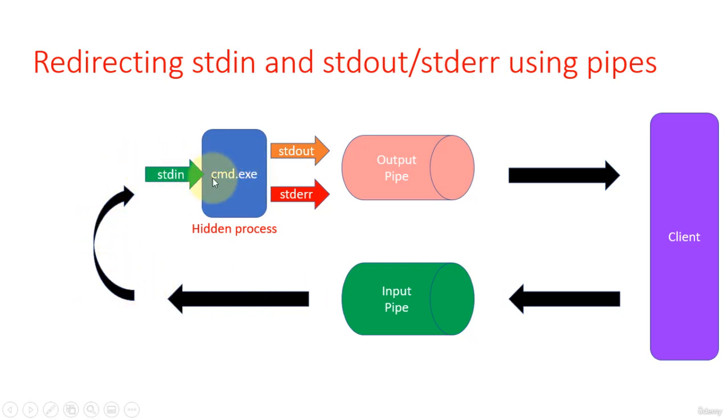Similarly, whatever commands have been executed and the result of the commands will now be pushed out into the output pipe, and the output pipe will then handle all the data transfer across the socket, the port, back to the client. So this is how we can hack the normal input-output flow of a process in order to bind this input-output to a port.